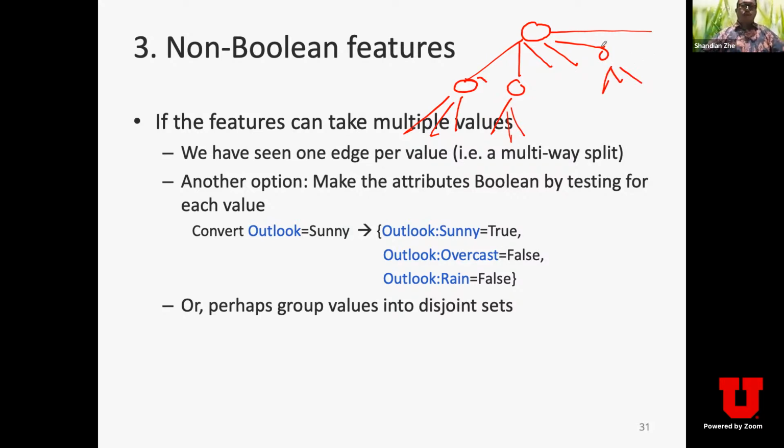Now you convert it into a set of binary features, then every time you're gonna only grow 2 branches. And if you can control the depth of the tree, the overall tree size will be small as well.